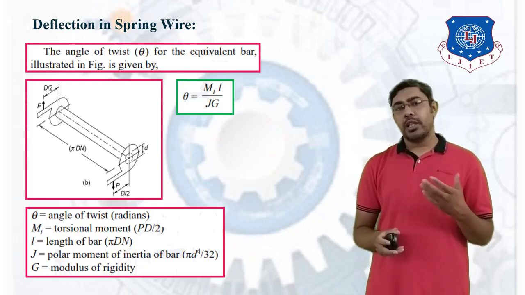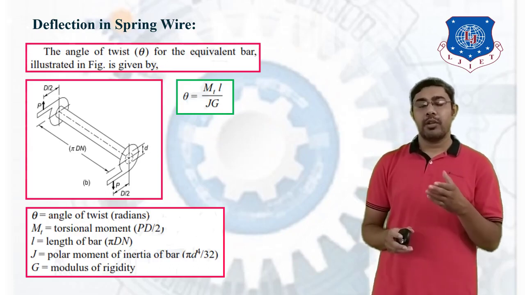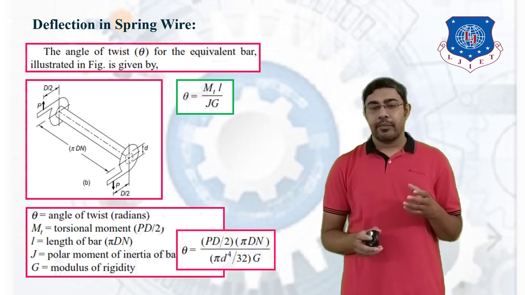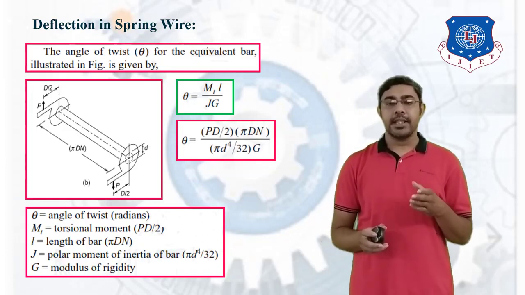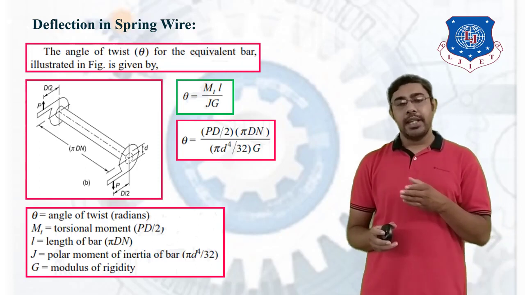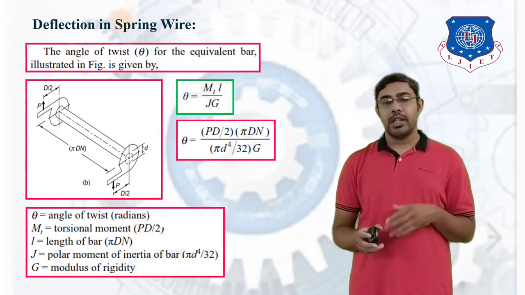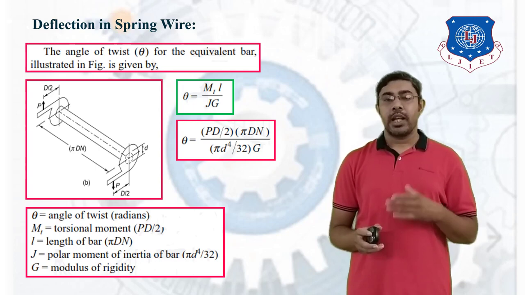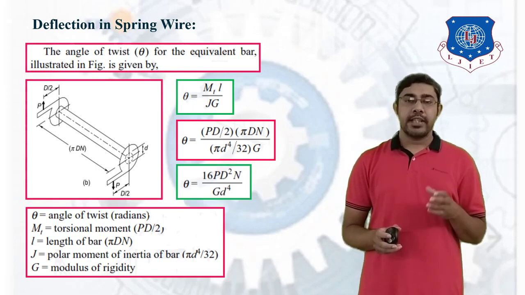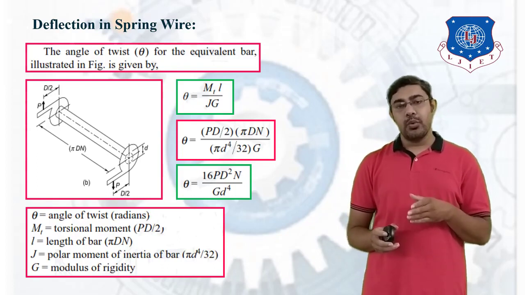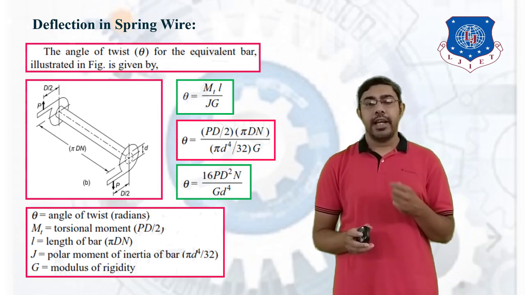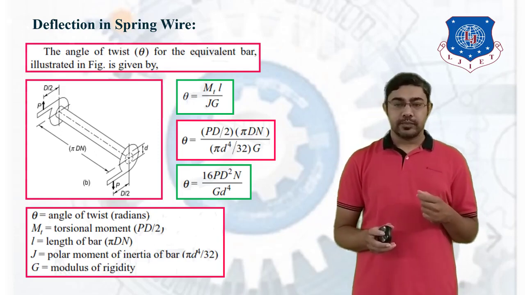If we place all these values in our equation, theta is equal to PD divided by 2 into pi D, divided by pi by 32 d raised to 4 into G. If we simplify this equation, we get theta is equal to 16 P D squared into N divided by G d raised to 4. So this is the angle of twist theta.